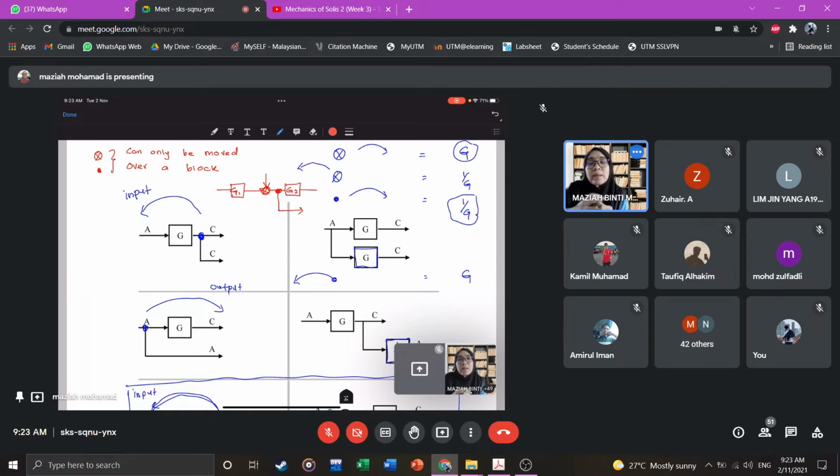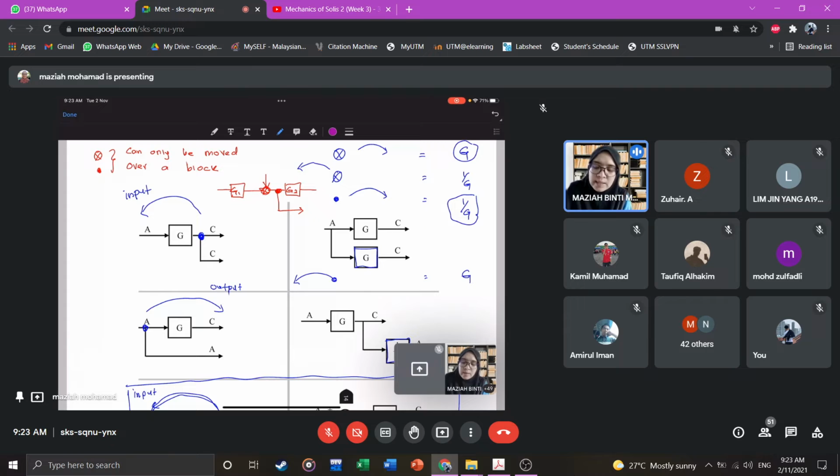Therefore we will need to move the pick off point and the summation point first. So when I said that a summation point and a pick off point can only be moved over a block, meaning here, right?